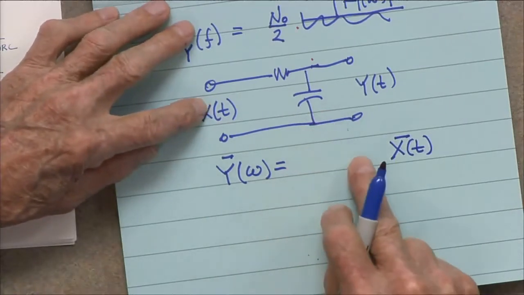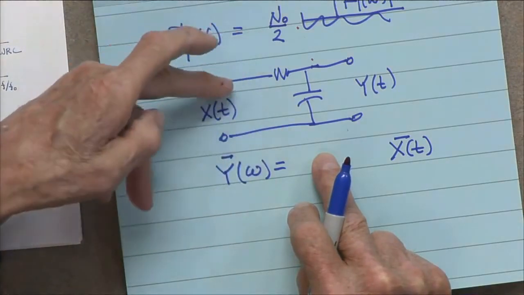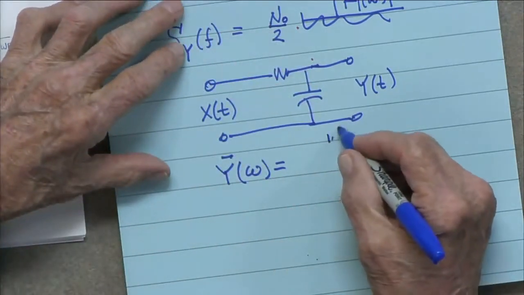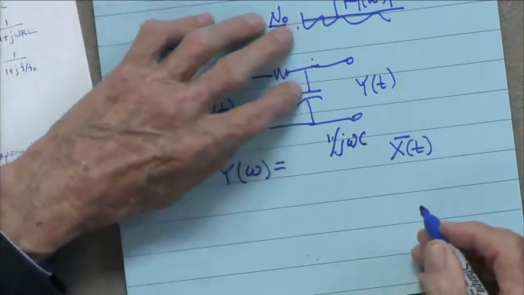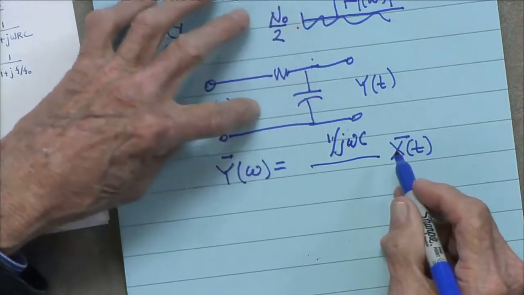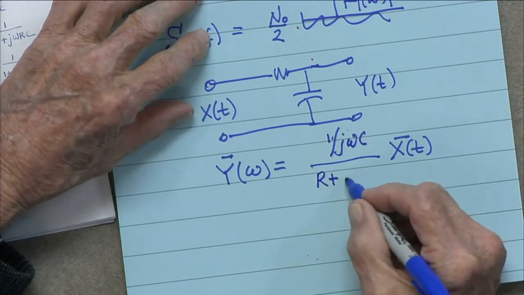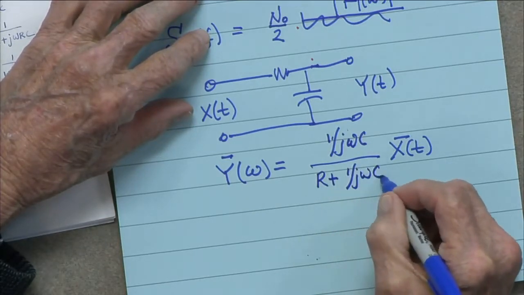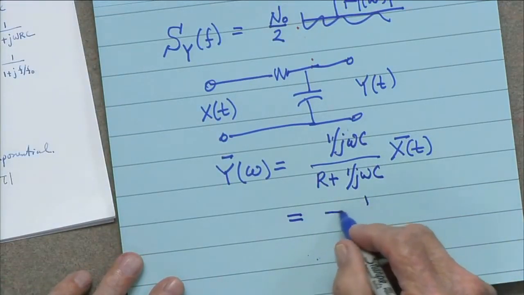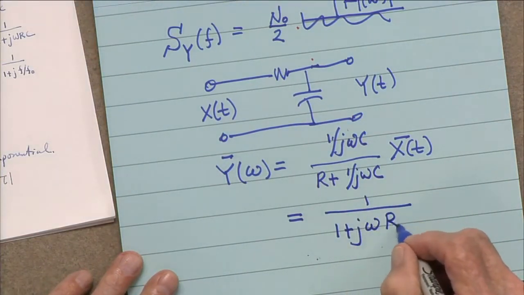What is the transfer function of this? It'd be the current flowing, right? It'd be 1 over j omega c, that's the impedance of the capacitor, over the sum. It's a divider circuit. R plus 1 over j omega c. And that's 1 divided by 1 plus j omega r times c.